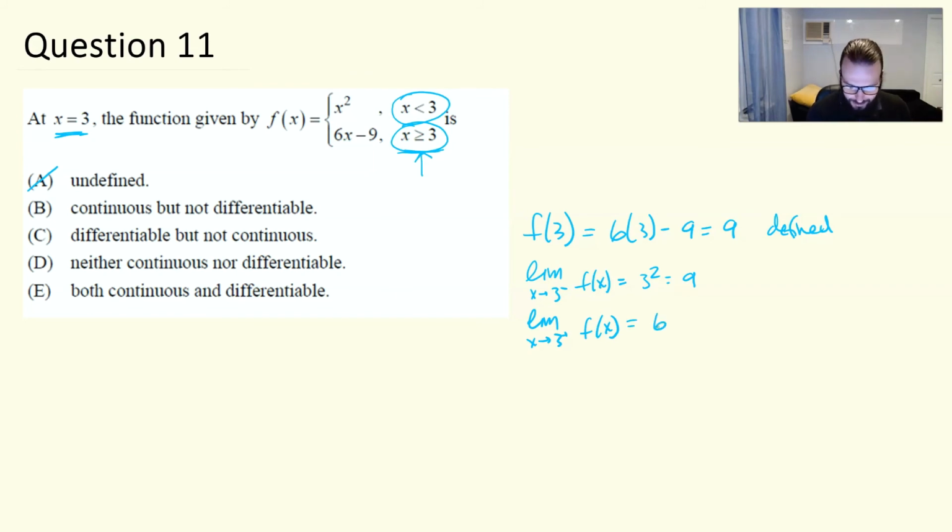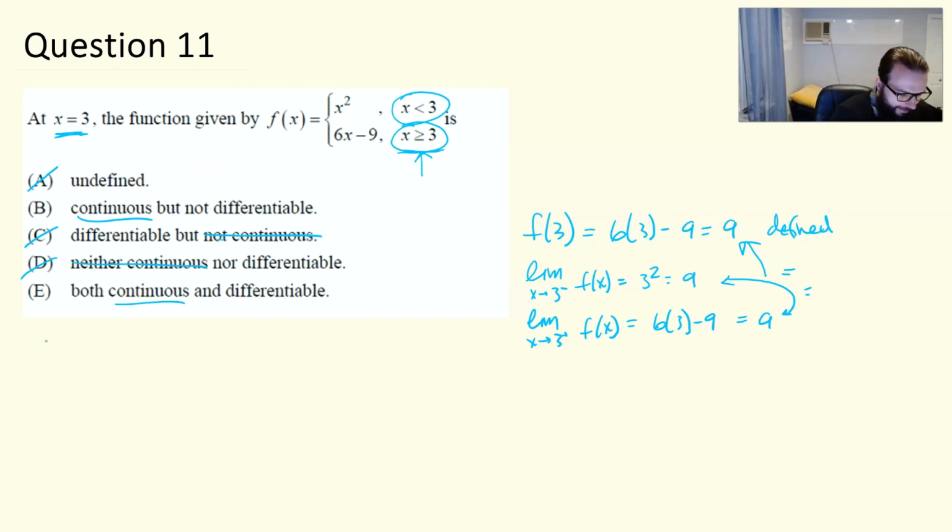So it's going to be 6 times 3 minus 9, which is 9. Since the left and the right-hand limits are equal and equal to the function, we know that the function is continuous. So it's not going to be choice C, and it's not going to be choice D. Now, in order to determine whether this is differentiable, we have to do quite a bit of work.